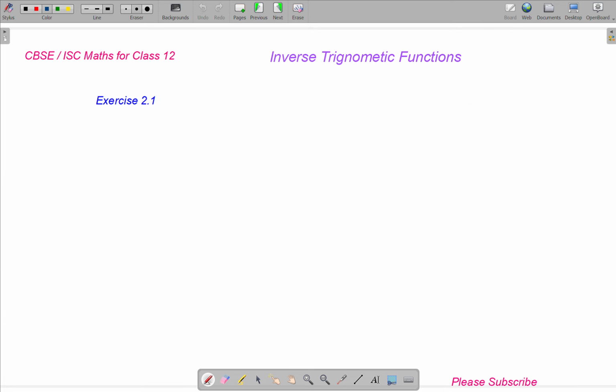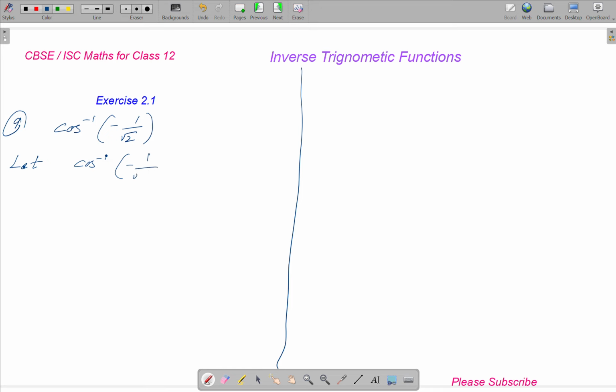Now, question number 9. Cos inverse minus 1 by root 2. Let cos inverse minus 1 by root 2 is equal to theta, equation 1.